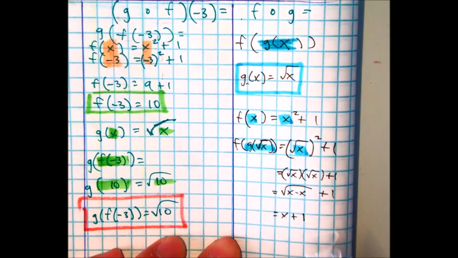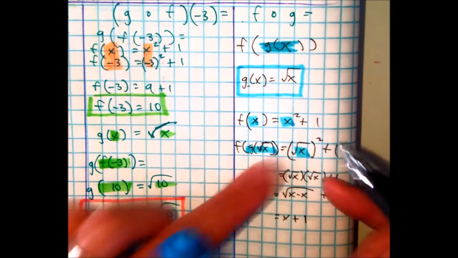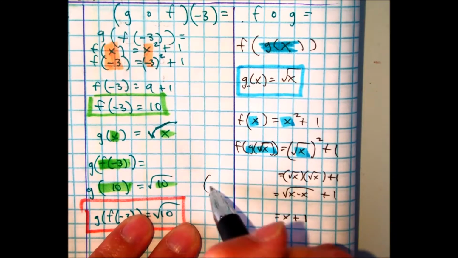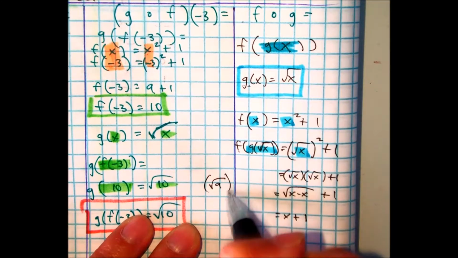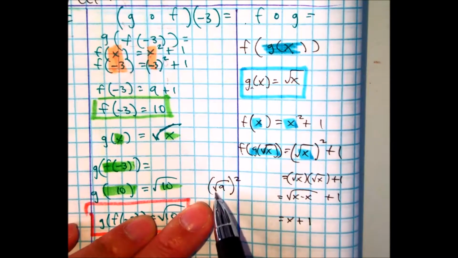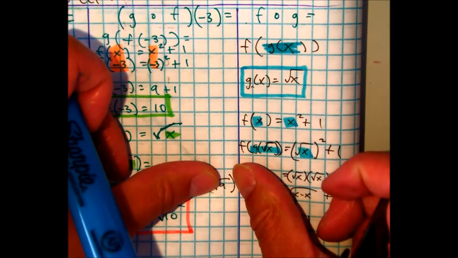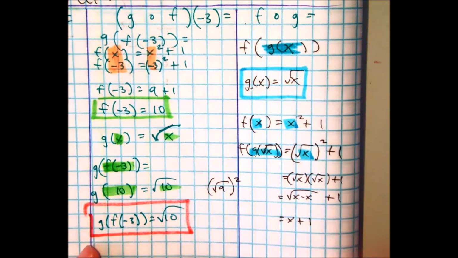Okay? They're opposites. Think of it as, if I did this, the square root of 9 is what? 3, and then 3 squared is 9, or you could just say they cancel. Do you see that? Okay.